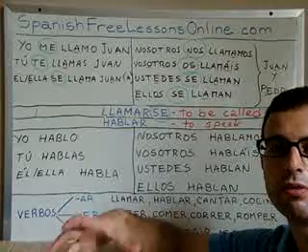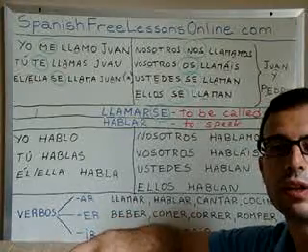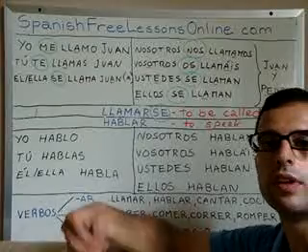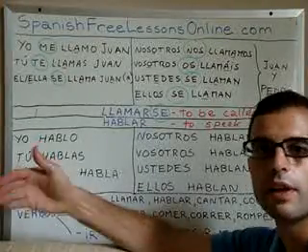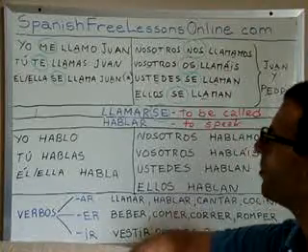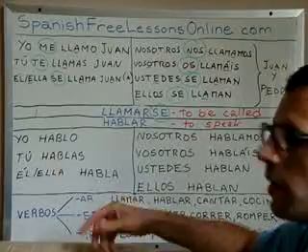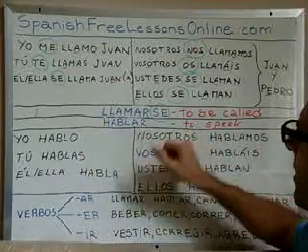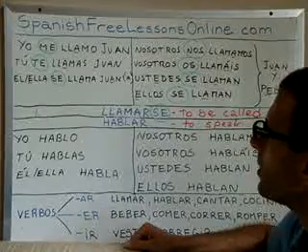And that's actually the verb in Spanish that you use for saying that somebody's name is, or my name is, or this is called like this. Okay? So, llamar is to call, llamarse is to be called. Okay?